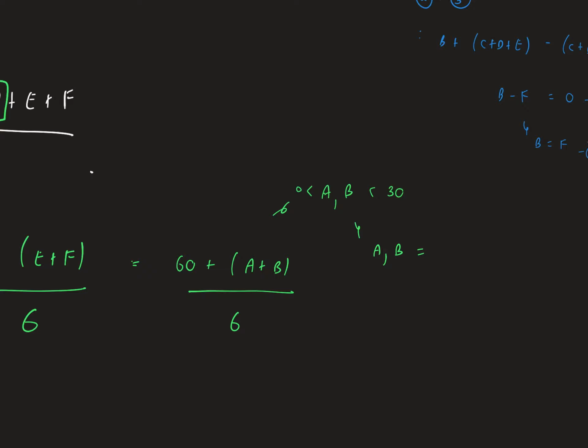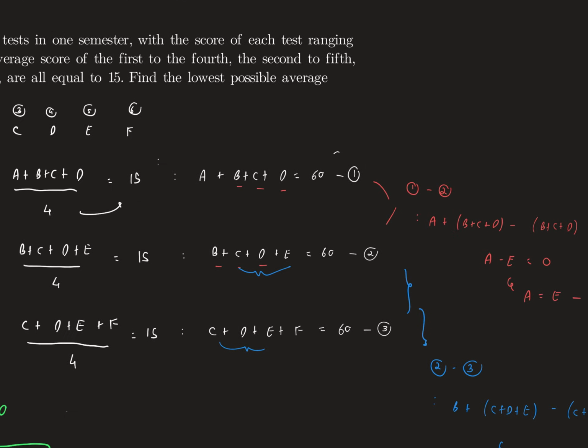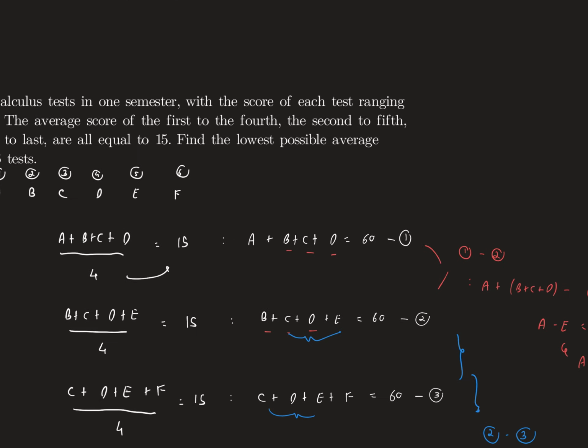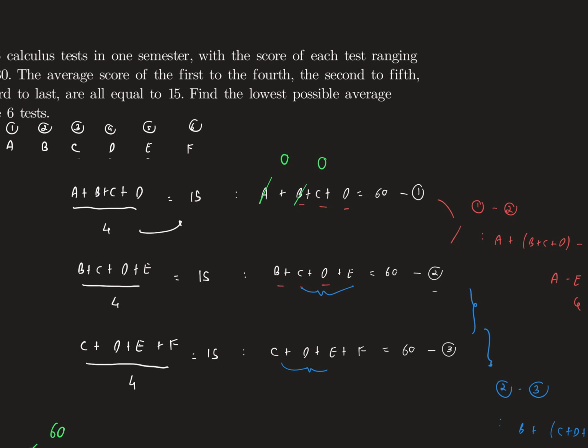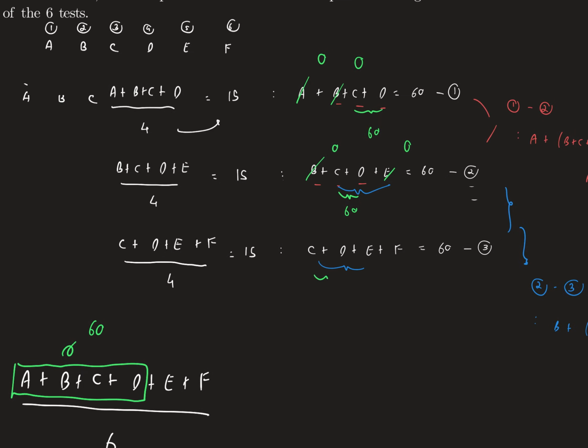Is it possible? Well, let's look at the first equation. If A is 0, and so is B, then C plus D must be 60. And if C plus D is 60 and B is 0, then E is 0. And if C plus D is 60, E and F can also be both 0.